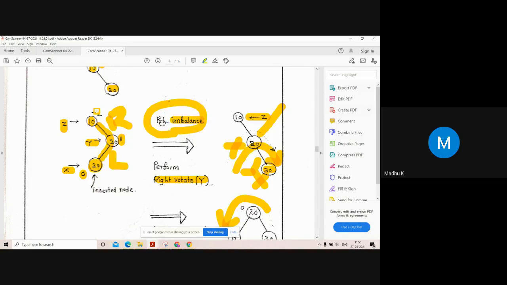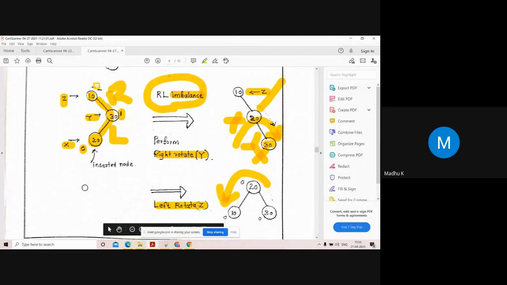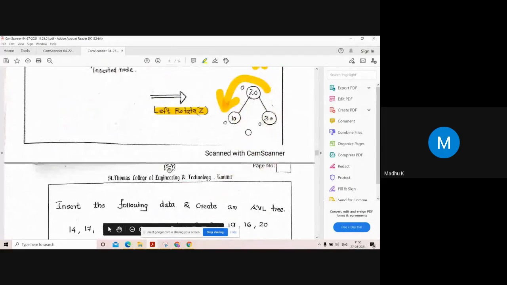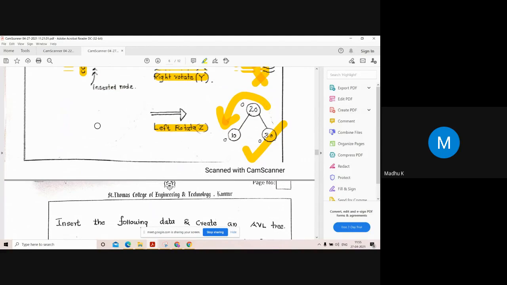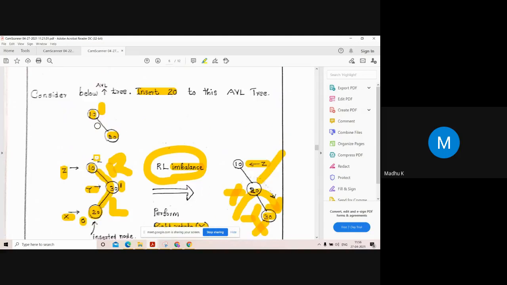If it is an RL imbalance, first we right rotate y, then we left rotate z. Then we will get a tree like this. This is an AVL tree. So this is the basic concept of rebalancing.